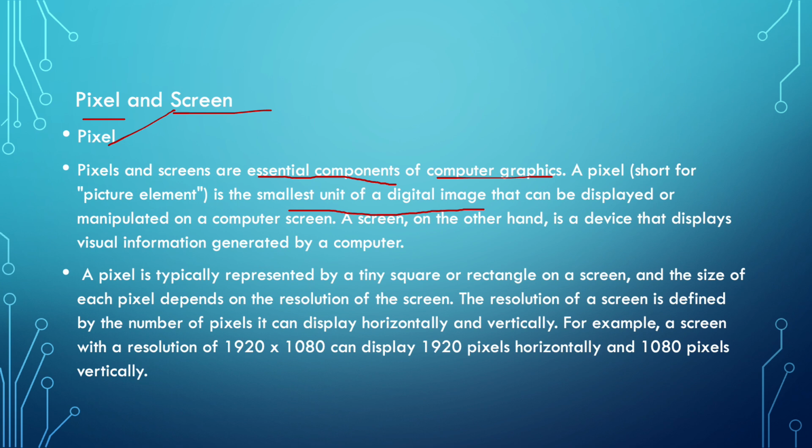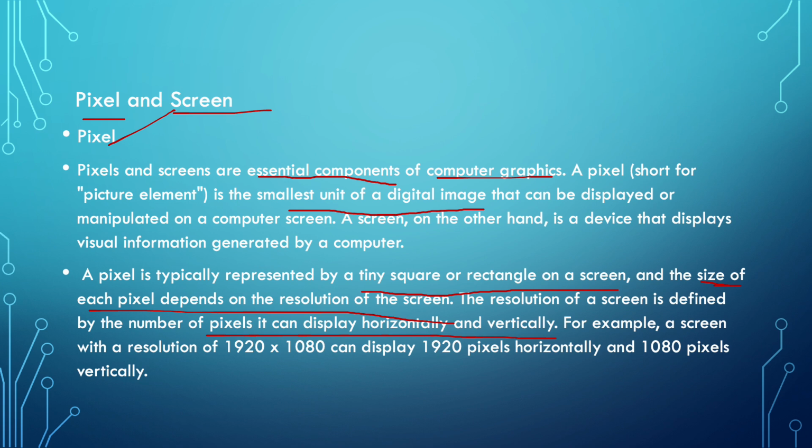A pixel is typically represented by a tiny square or rectangle on a screen, and the size of each pixel depends on the resolution of the screen. The resolution of the screen is defined by the number of pixels that can be displayed horizontally and vertically.